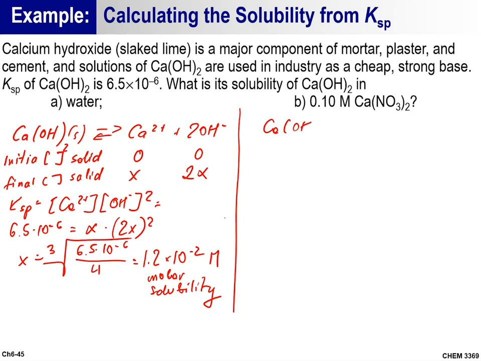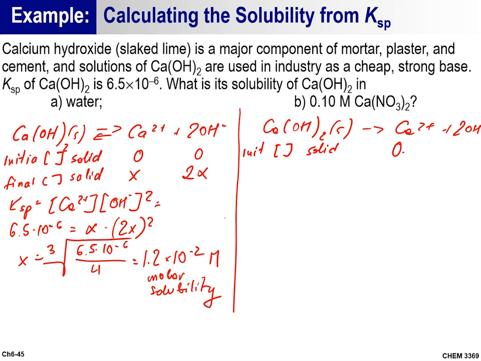Calcium hydroxide solid dissociates into calcium 2+ and 2 OH-. The calcium hydroxide is a solid, but this time we have a solution of calcium nitrate. This is an electrolyte solution, so initially the concentration of calcium 2+ will be 0.1, not 0.